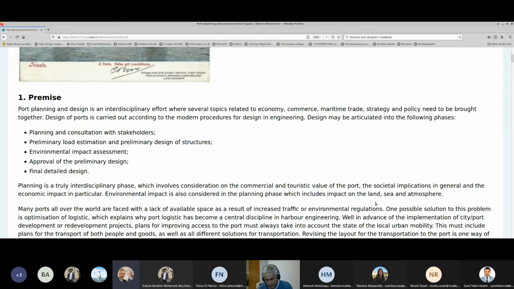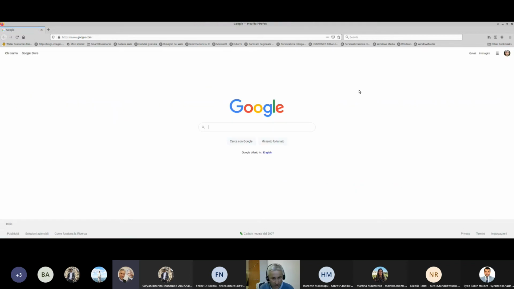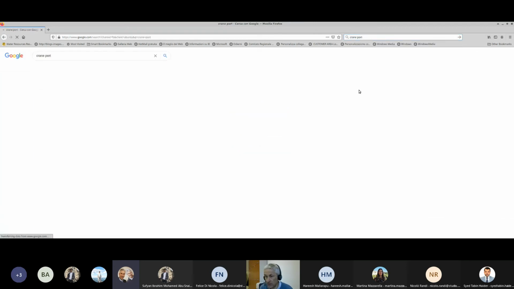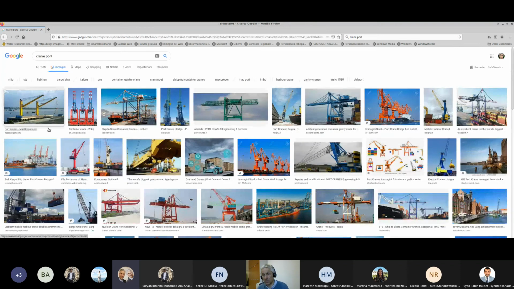What are cranes? I think you know what are cranes, but let me just open a page and look for crane, and let me put also port and look at the images. So you'll see what is a crane in a port, and you see that the crane is originating loads on the berth and the port.